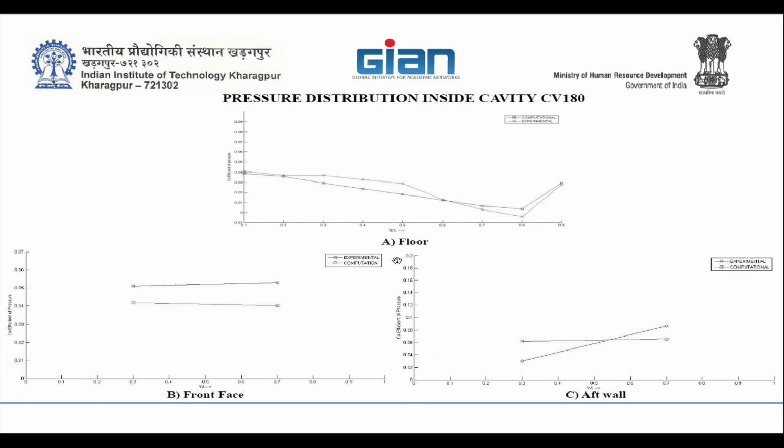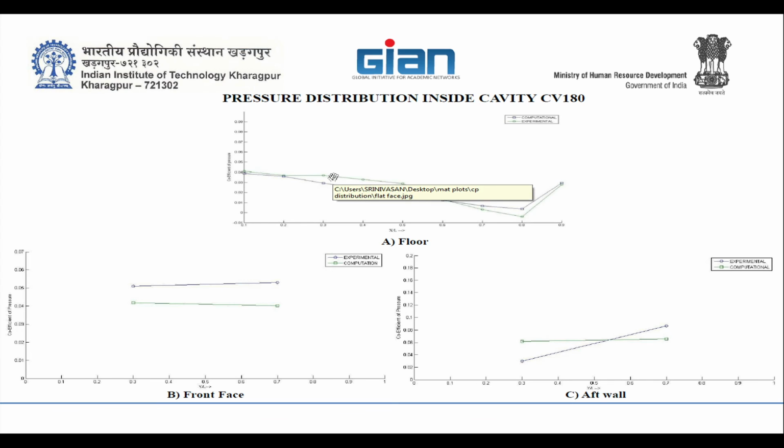Coming to the results, whenever we are doing any experiment, we cannot start it blindly. We need to have some reference data. So earlier we do some computational fluid dynamics (CFD) simulations and keep that as reference, and then start our experiments.